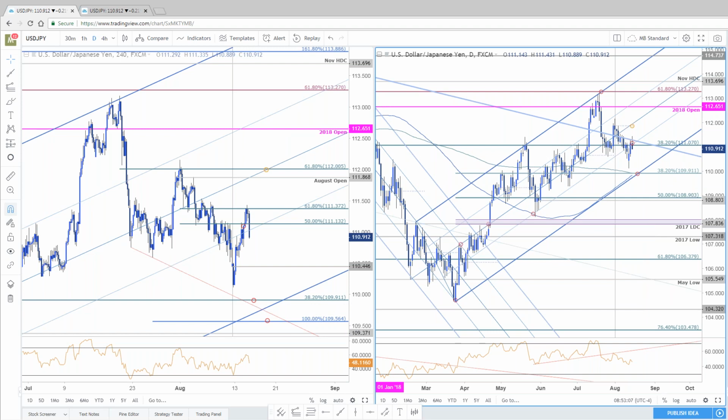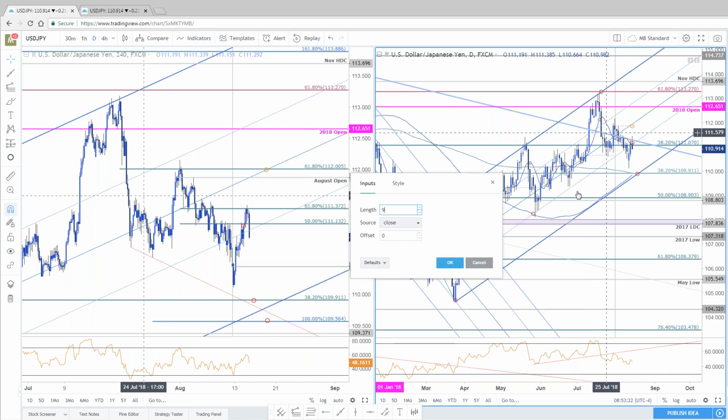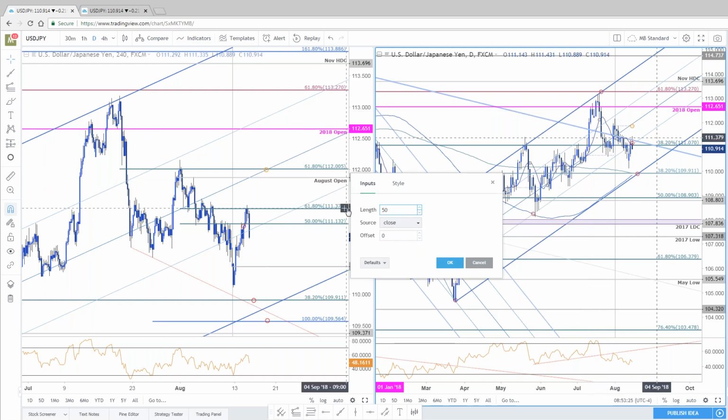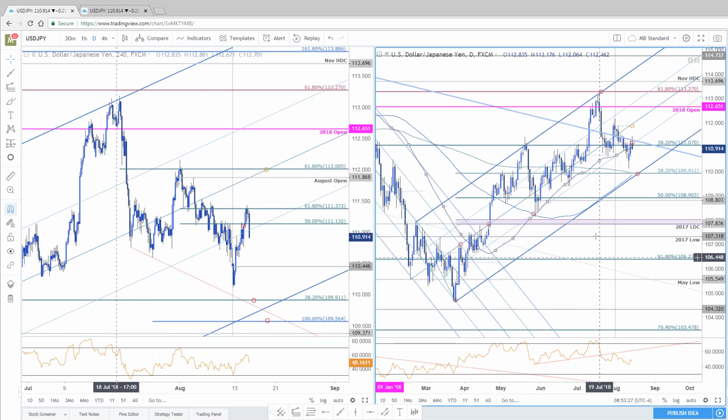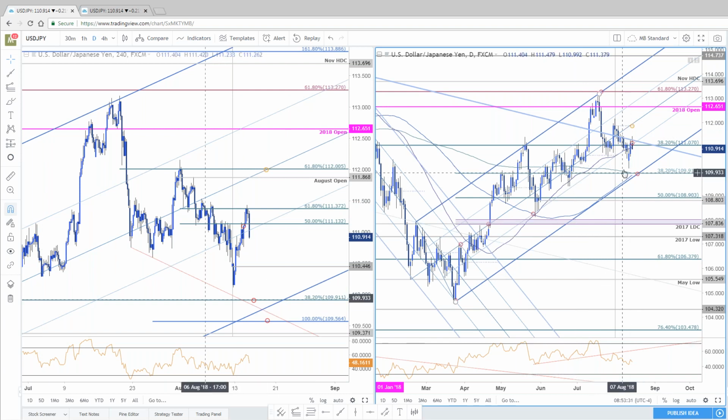Questions on dollar yen. Ty saying golden cross. Is there a golden cross here? So the golden cross is typically a moving average crossing higher at your objective.